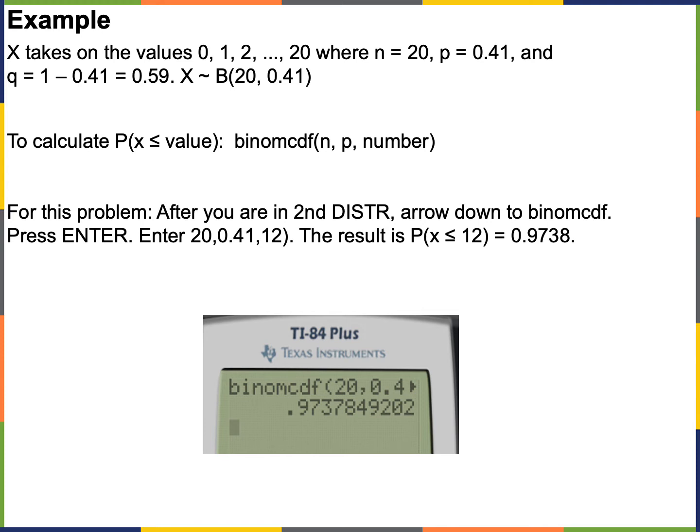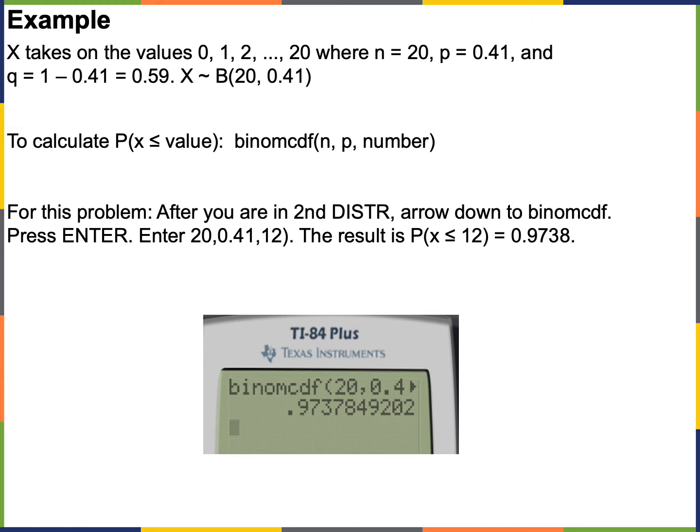If we want to find the probability of X less than or equal to a number, we use a function in the calculator called binom CDF. We enter the number of trials, the probability of success for each trial, and then the actual value that we want to find.